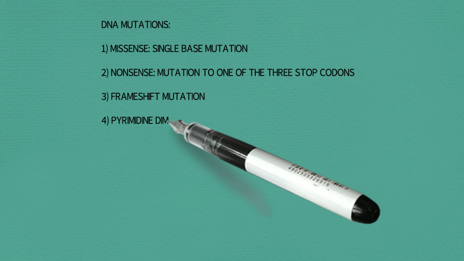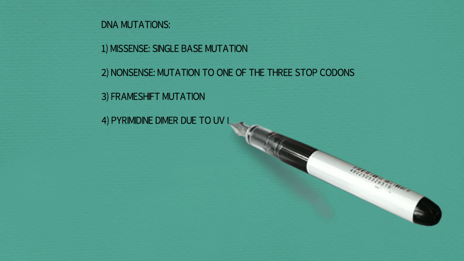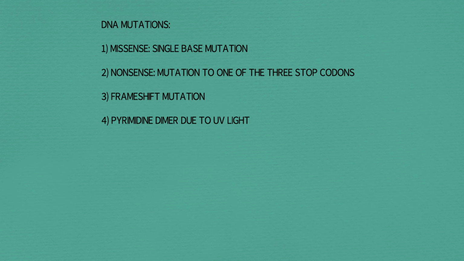And the second one is a nonsense mutation. That is a mutation to one of the 3 stop codons. And the 3 stop codons are UAG, UGA, and UAA. Later on during translation, we'll see how the ribosome will stop translating the proteins when they encounter one of these 3 stop codons.